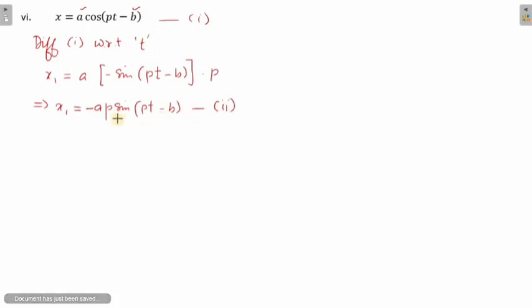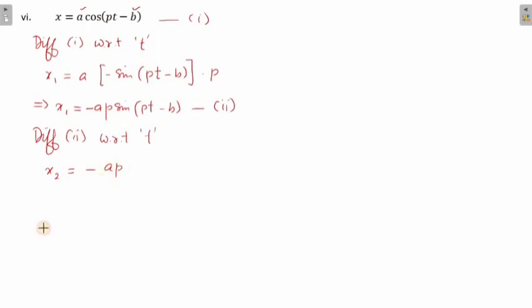We'll do the same again. Differentiating 2 with respect to t again, x1 becomes x2, the second derivative. Minus ap is a constant. Now differentiate sine: it becomes cos(pt minus b) into, as per chain rule, the differentiation of pt minus b, which is just p.